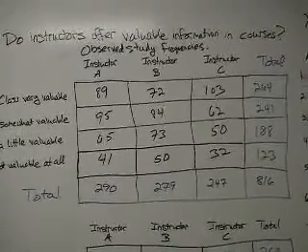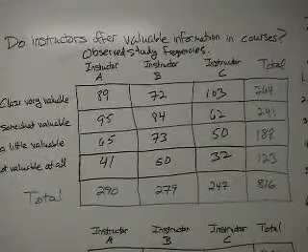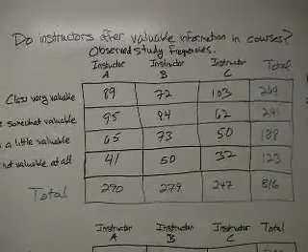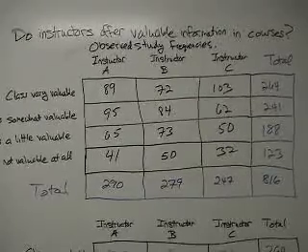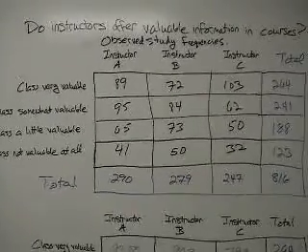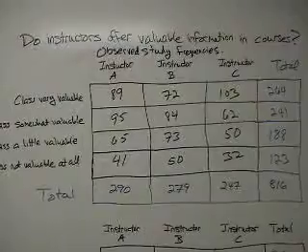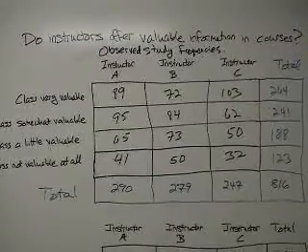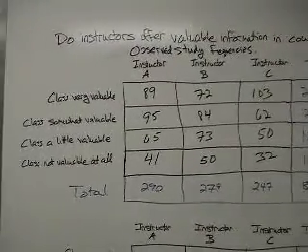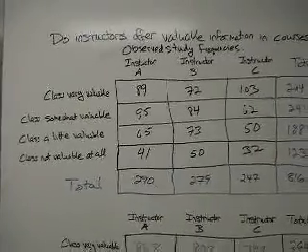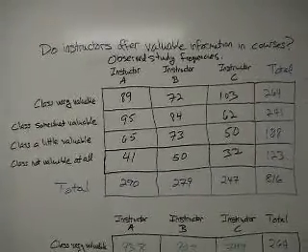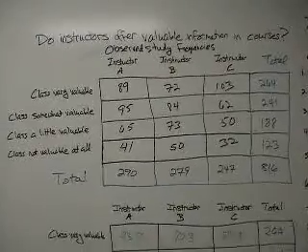To get those numbers marked in blue, you just add up the frequencies. For example, 89 plus 72 plus 103 gives you 264. That's your total row for the class very valuable. For class somewhat valuable, you would add up 95 plus 84 plus 162, which gives you 241.